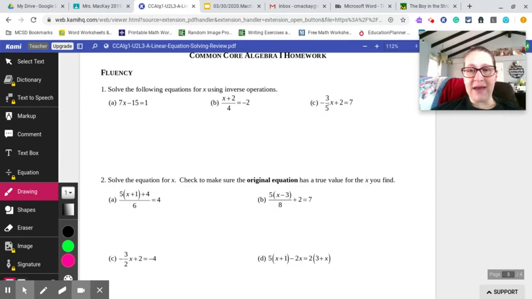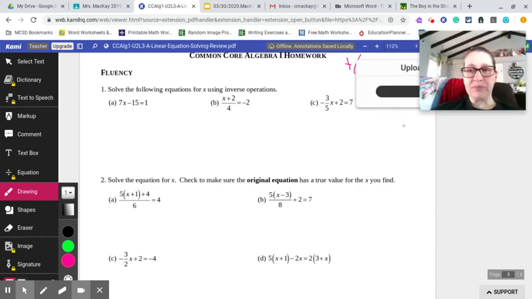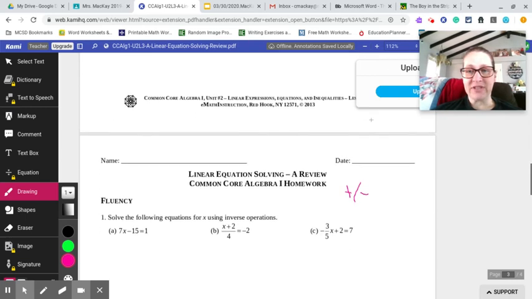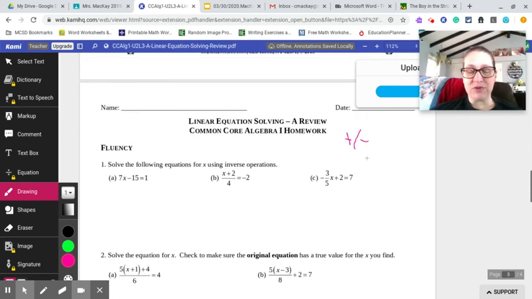Negative 3/5 x plus 2 equals 7. So the first thing I'm going to do is add or subtract. Right now I've got a positive 2. To move it to the other side, I'm going to subtract 2 from both sides.